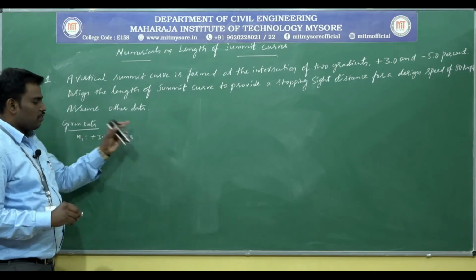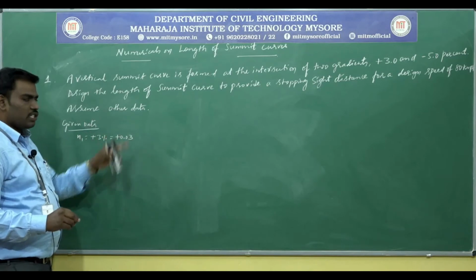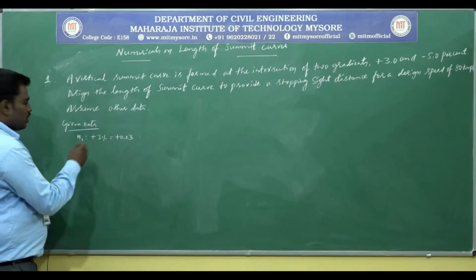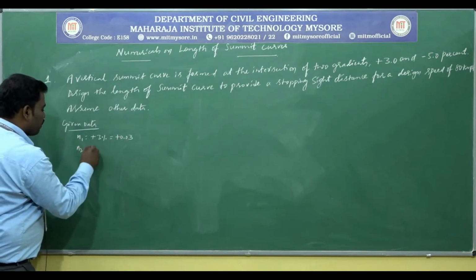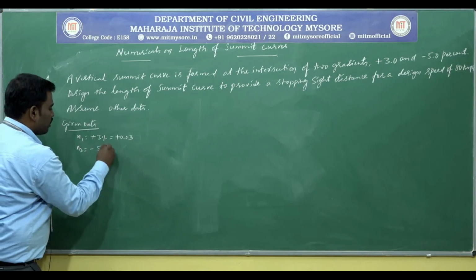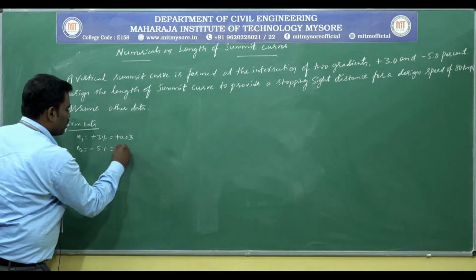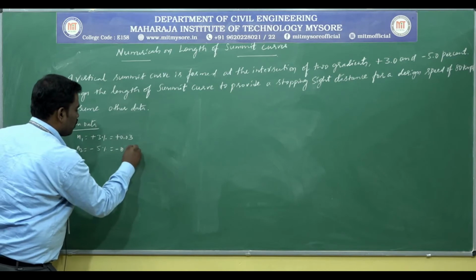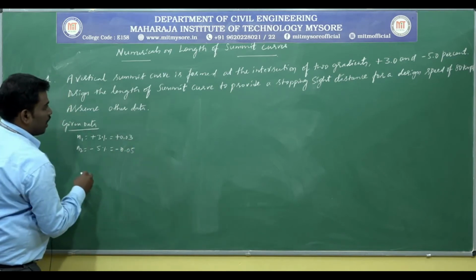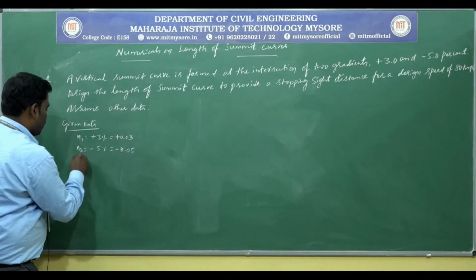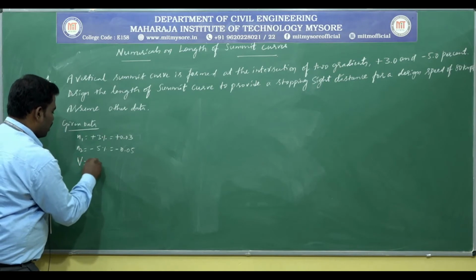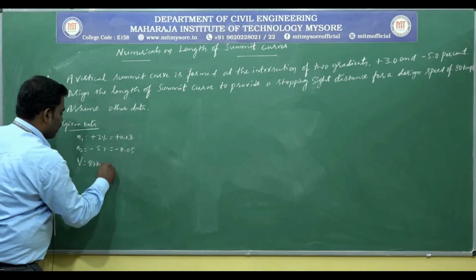Percentage in terms of fraction is divided by 100, so 3% becomes 0.03. N2 is minus 5%, that is minus 0.05. The speed of the vehicle V is equal to 80 km per hour.